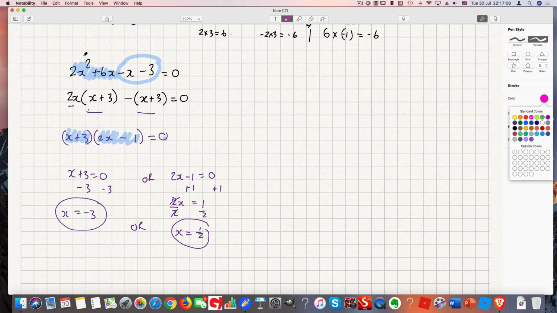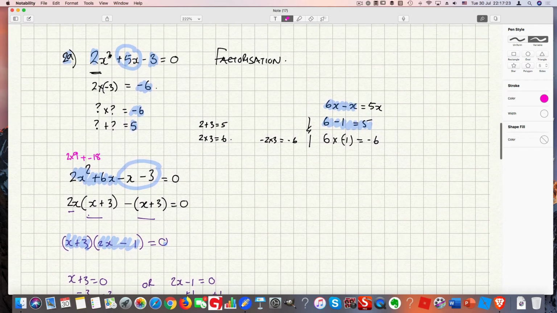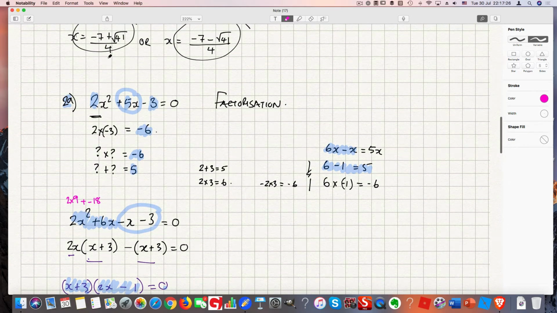We put a minus 3 in: minus 3 squared is 9, 9 times 2 is 18, plus minus 3 times 5 is minus 15, so we just have minus 15 here, and then minus 3. 18 take away 15 is 3, and 3 take away 3 is 0, so that is correct.